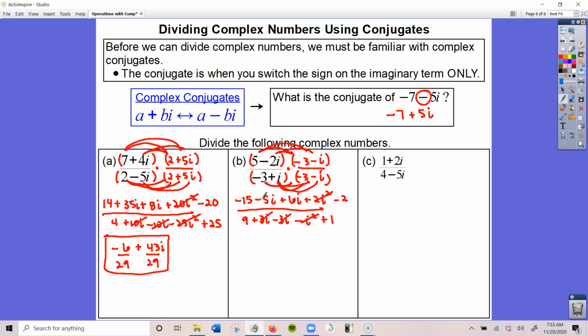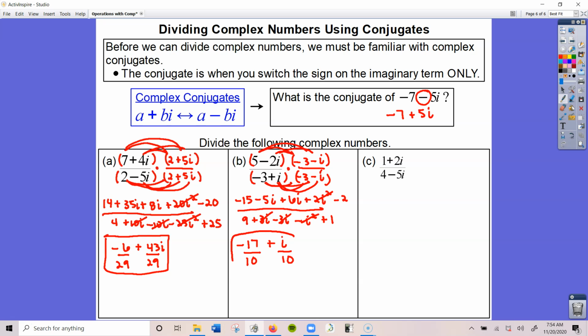So now in the numerator, for my real number, I have negative 15 minus 2, which is negative 17. And then negative 5i plus 6i is just plus 1i, so plus i. And finally, in the denominator, all we have left is 9 plus 1, which is 10. So I'm going to put both of my terms here over 10.